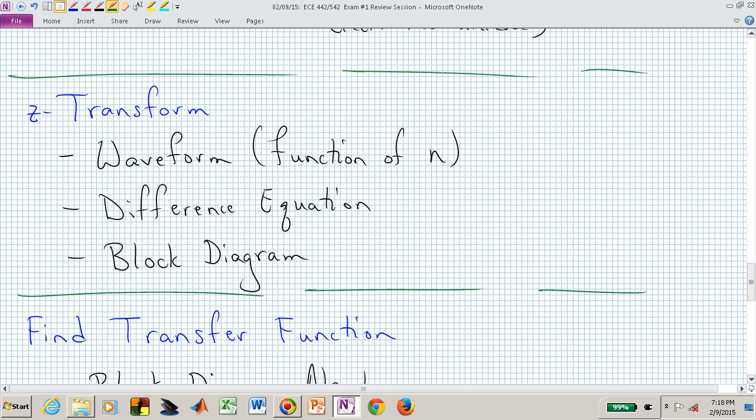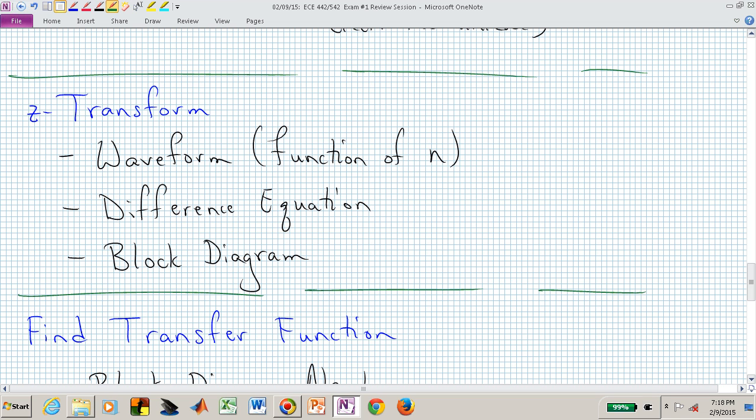Block diagram. That one's even easier. If I give you a block diagram in the time domain, what do you do? You erase those D's or delays and replace them with Z to the minus 1 to get into the frequency domain.